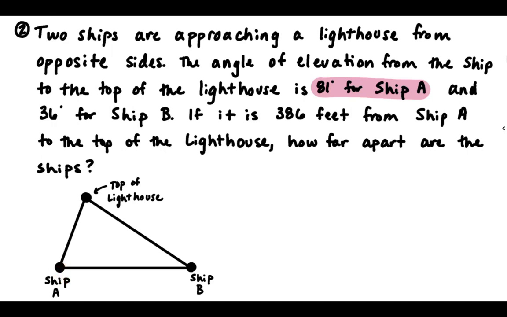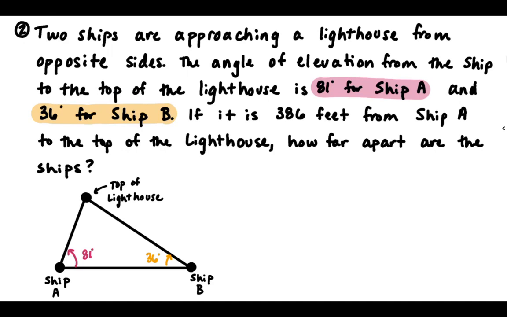Ship A is over here, and remember, angle of elevation is measured from horizontal upwards. So this angle from horizontal up will be 81. For ship B, the angle of elevation is 36, so again, horizontal up is going to be 36 degrees.